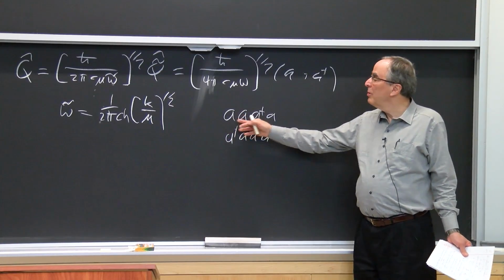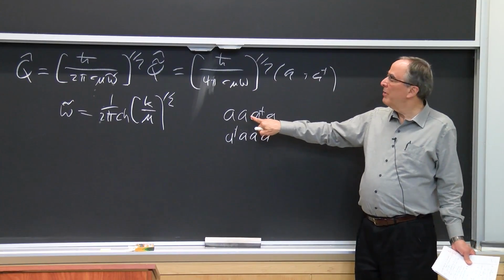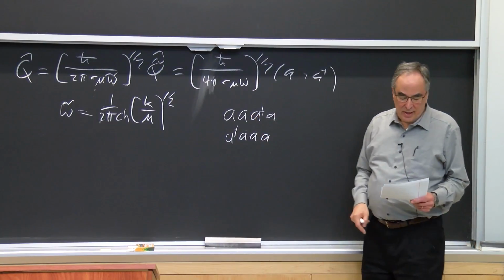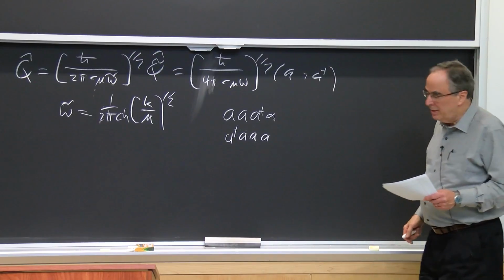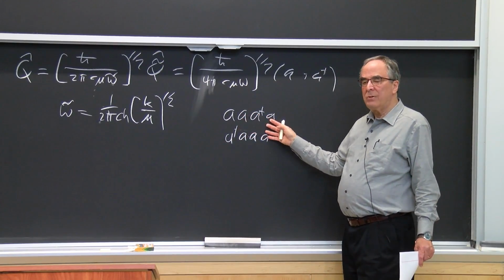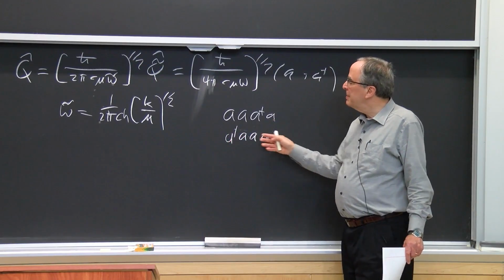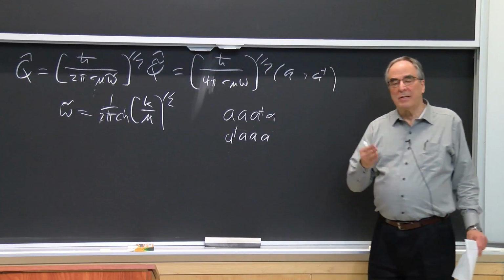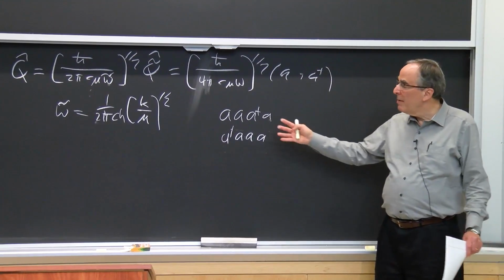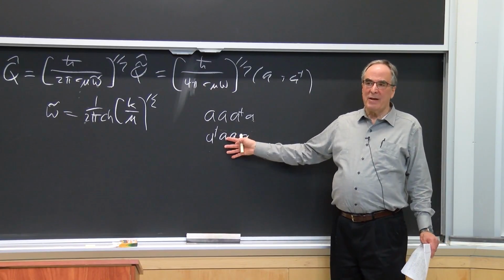The selection rule is count up the A's and count up the A daggers. And so this is delta V of -2. So is this. All of the positions of the A dagger are delta V of -2. But the numbers, the matrix elements, are different. You know this from the last exam.